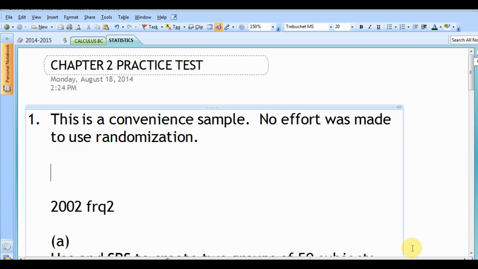Okay, number 2. How does an experiment differ from an observational study? Experiment uses a sample. Yes, so does an observational study. Observational study lacks a control group. Well, you can kind of create a control group based on the characteristics of the people in the study.